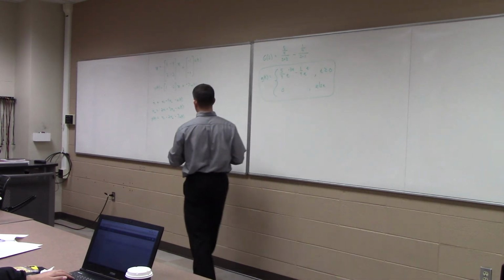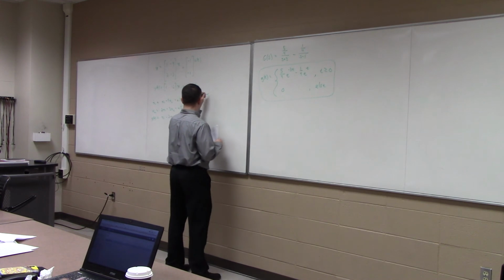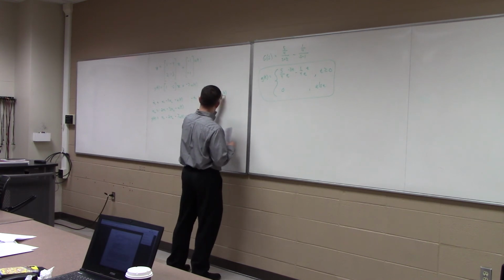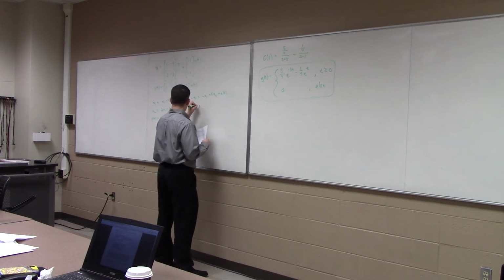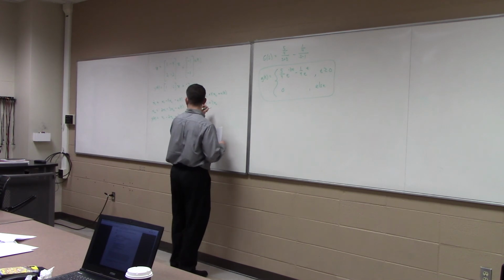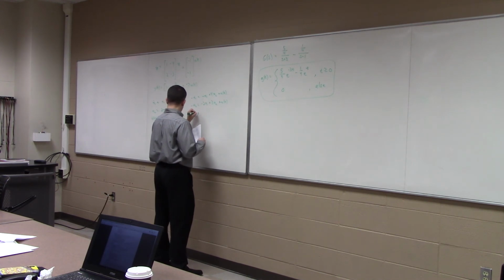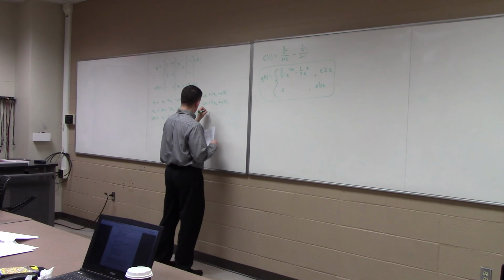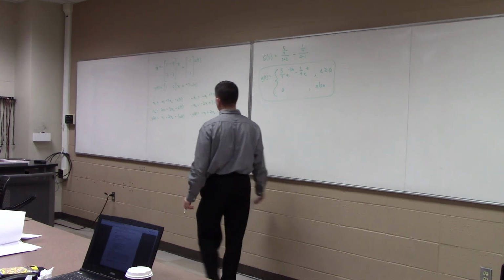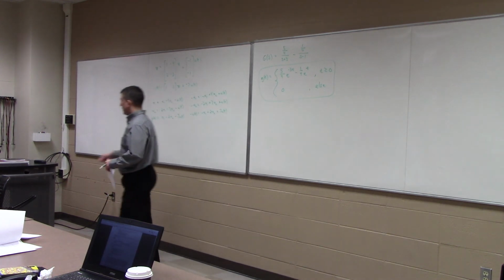So I could solve this for negative x1 dot. Okay, and once I've solved for the negative of everything, I'm able to just start constructing my circuits, because now I've got the weights of each of my states correct.